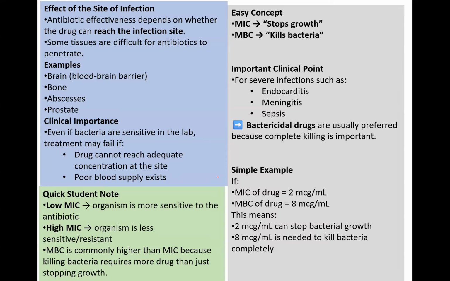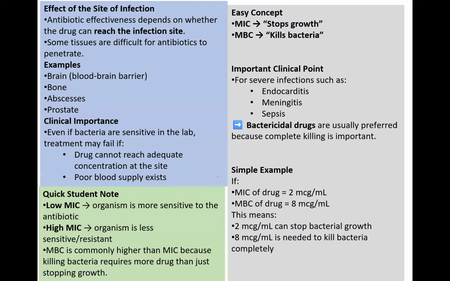So even if the bacteria showed some sensitivity in the lab, if the site of infection is one where the penetration is very low, the treatment may fail because the drug is not able to reach the site of infection in an adequate concentration.